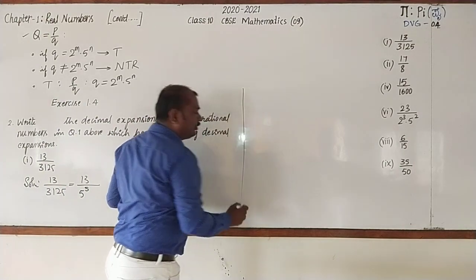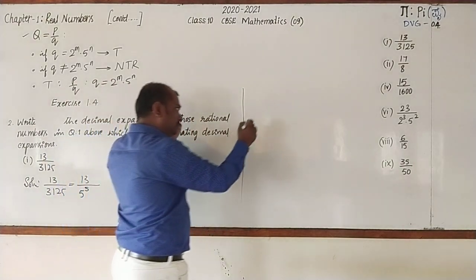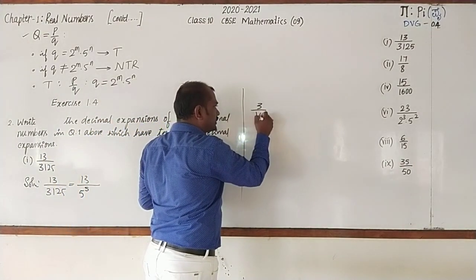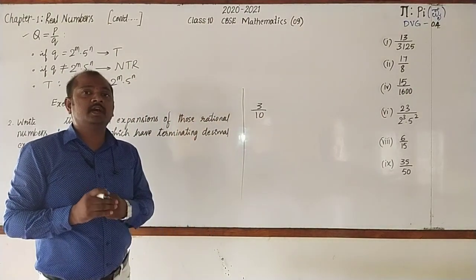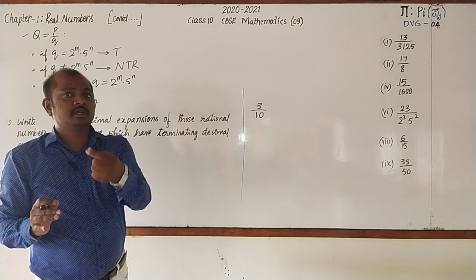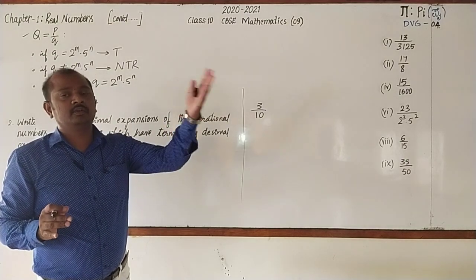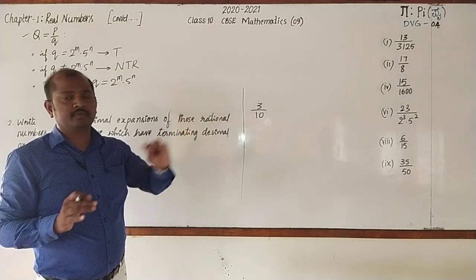Listen, in lower classes we have learned that a rational number can be expressed in decimal form if the denominator is 10, 100, 1000 or a power of 10.